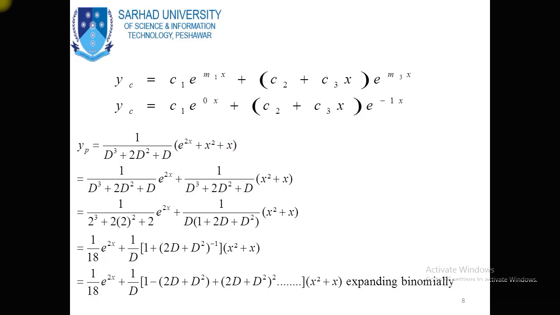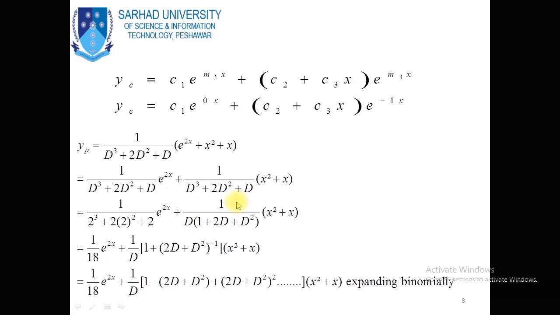So e power 2x is the first case. How to find the particular solution when the right hand side has an exponential function? Just replace d by the argument 2. So putting d equal to 2, this is the particular solution for e power 2x, 2 power 3 plus 2 into 2 power 2 plus 2, into e power 2x.